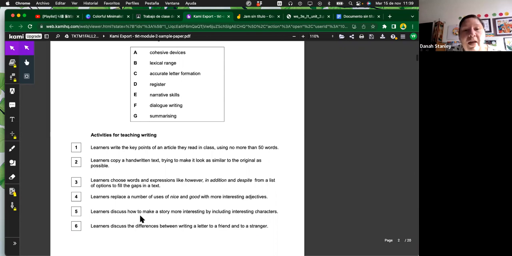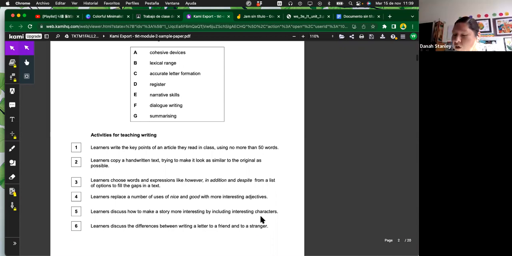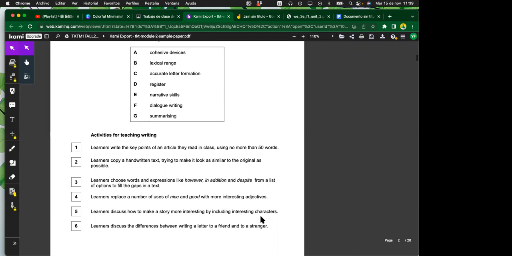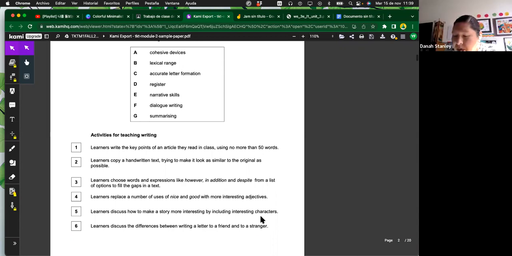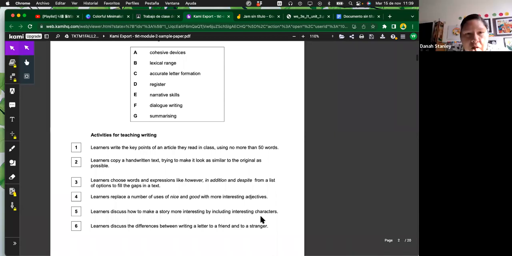Learners discuss how to make a story more interesting by including interesting characters. Letter E, narrative skills.